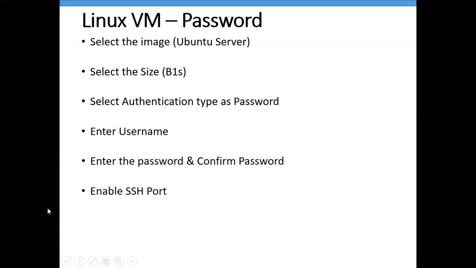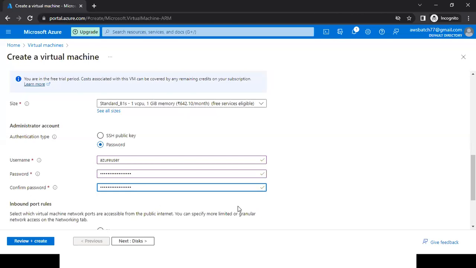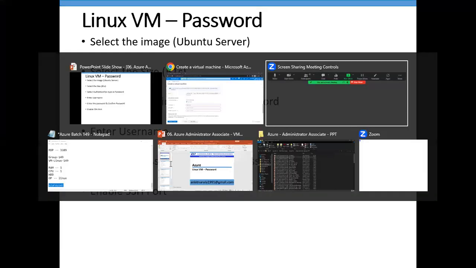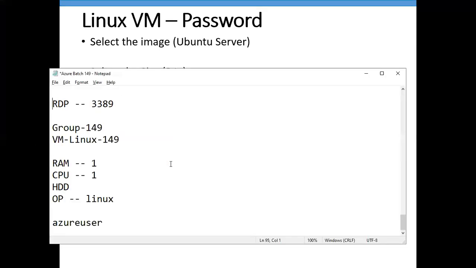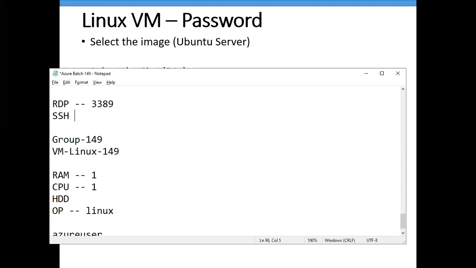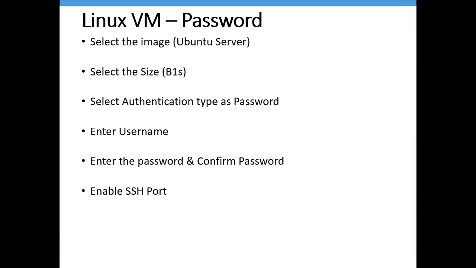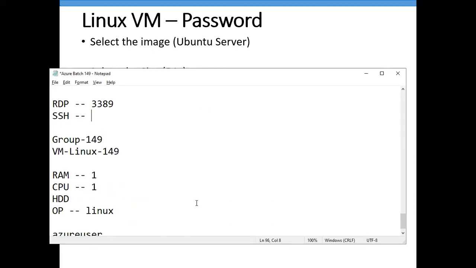And if you remember in the previous session, to connect to our Windows machine, the system by default enabled a port called RDP, and we have discussed it. RDP port number is 3389. Same way we have one for Linux also. So if you want to connect to your Linux machine, we need to enable the SSH port. And can anyone in the chat box please confirm the port number for SSH?